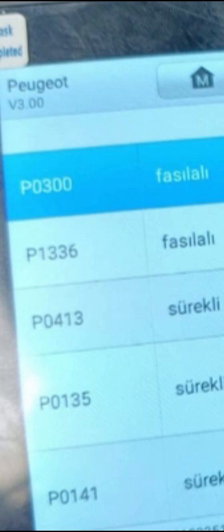I'm trying to remember: if the catalytic converter is still good, the input will be colder or the same temperature as the output. But if the catalytic converter is blocked, the input will be hotter than the output. So now you know.